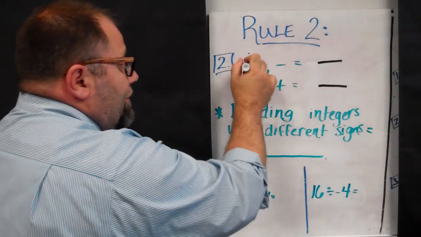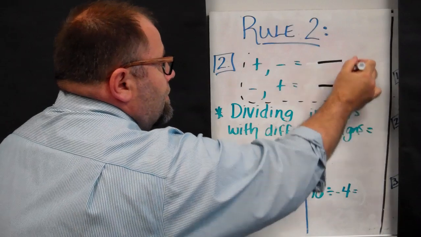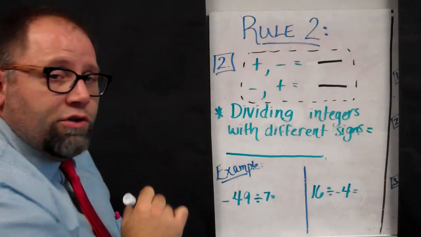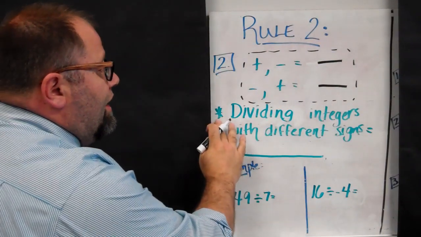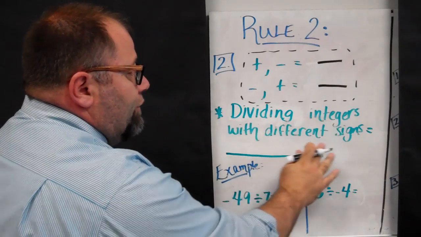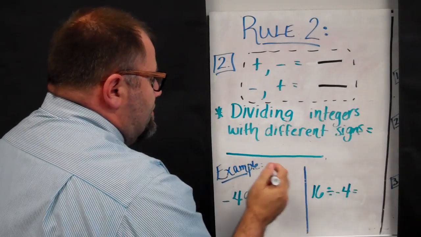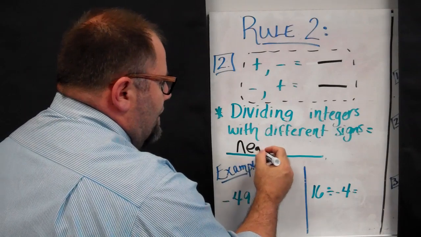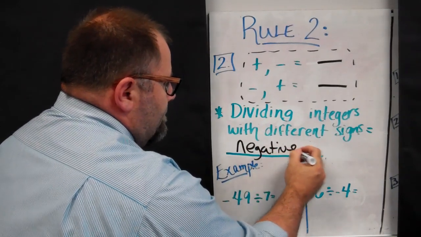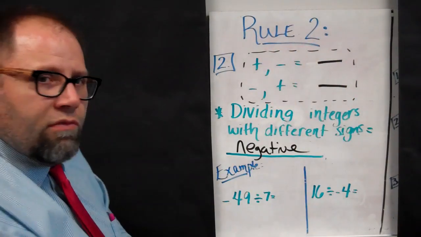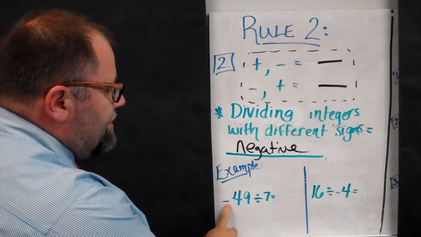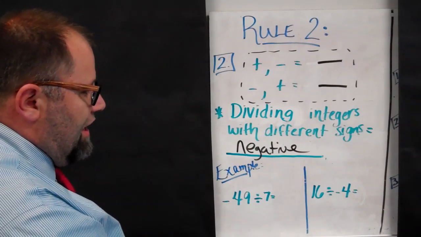So you have this little graphic down here. And if I'm going too fast, pause. Then you have this note, dividing integers with different signs equals negative. Let's look at the examples. Negative 49 divided by 7.